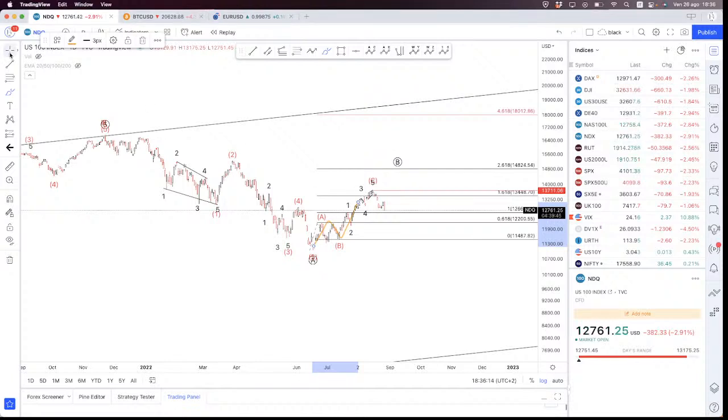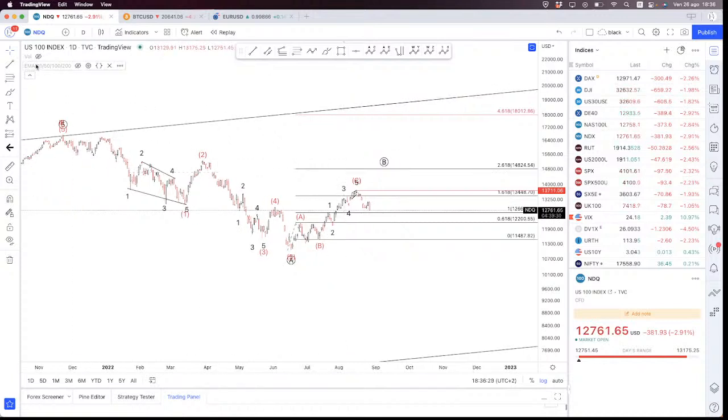The thing is, that's something perhaps that people do using just regular technical analysis, but using Elliott Wave, we have this powerful tool, which is waves, obviously.